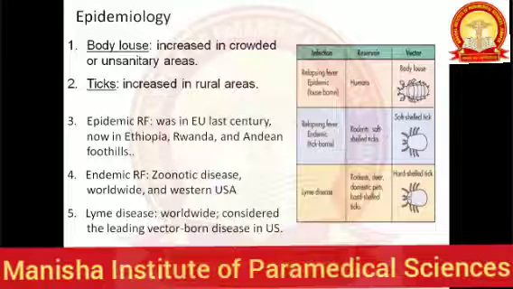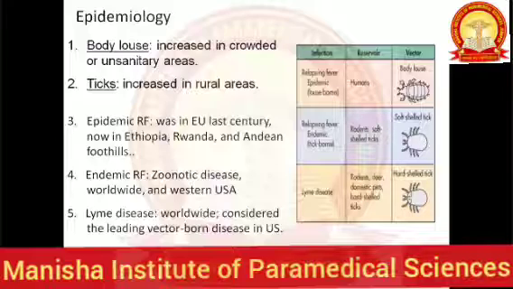Now if you look at the epidemiology for Lyme disease, you can find there are louse and ticks which are vectors for carrying this kind of Borrelia burgdorferi bacteria. In human diseases, there are body louses which carry these diseases from one place to another, which causes the relapsing fever.